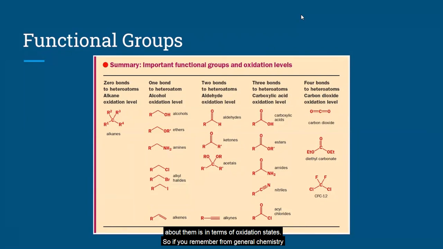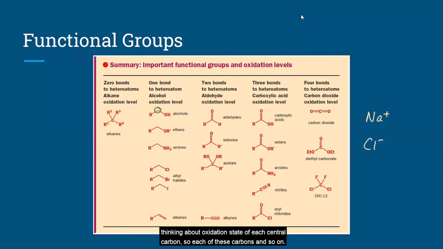So if you remember from general chemistry, an atom that has a positive charge or has lost an electron has a +1 oxidation state. So for example, the ion Na+ has a 1+ oxidation state. The chloride ion Cl- has a 1- oxidation state. And in this case, we'll be thinking about the oxidation state of each central carbon.